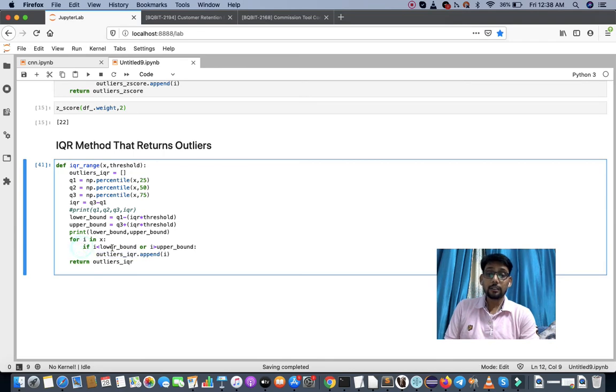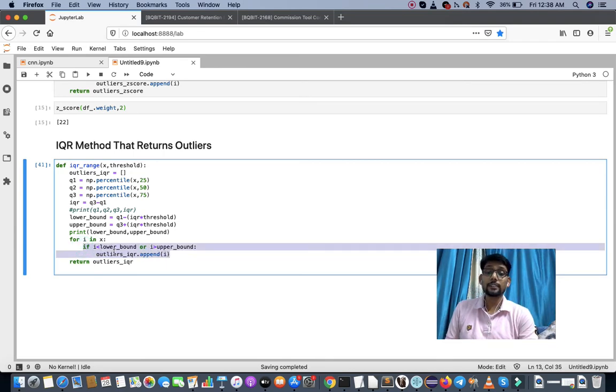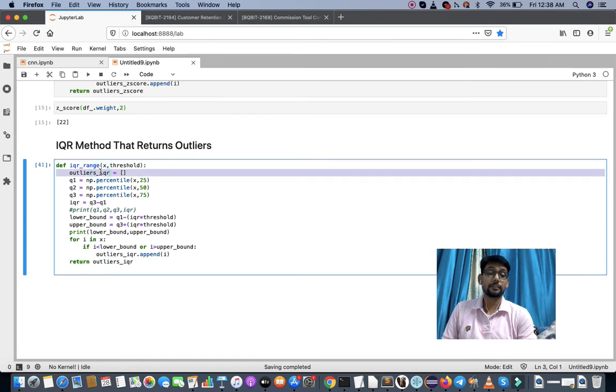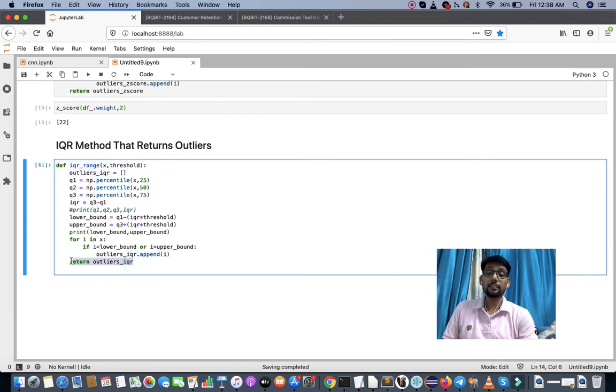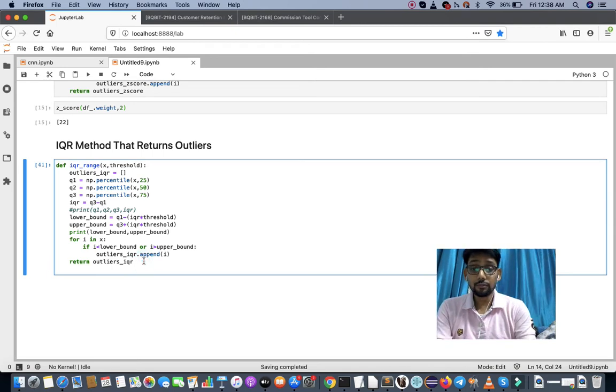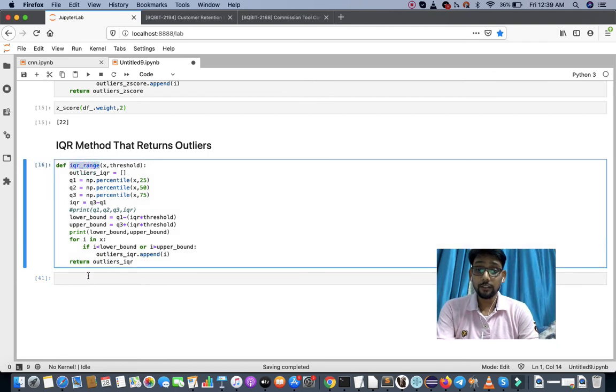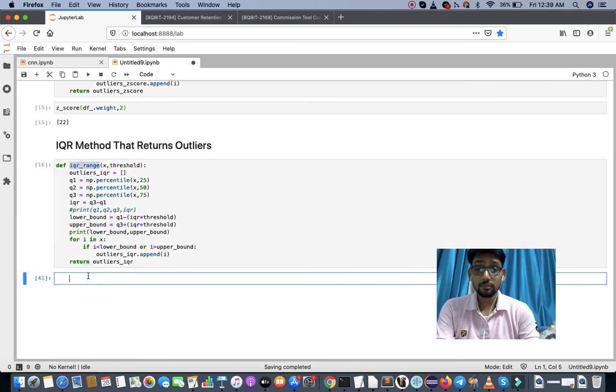I have put the condition: if i is less than the lower bound, or i is greater than the upper bound, then in both cases i would be an outlier, and I will append it to the outlier_IQR list that I defined here, right? And this function will return the outliers. So let's call this function. The function is IQR range.